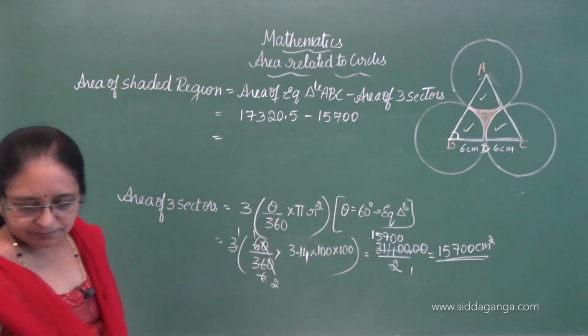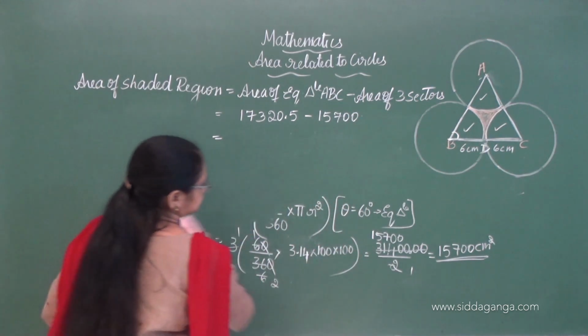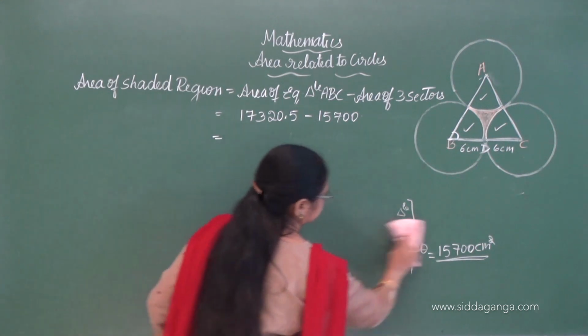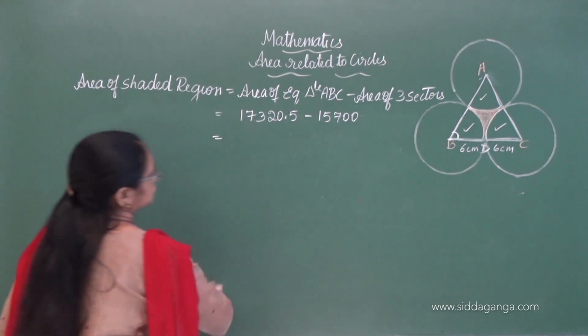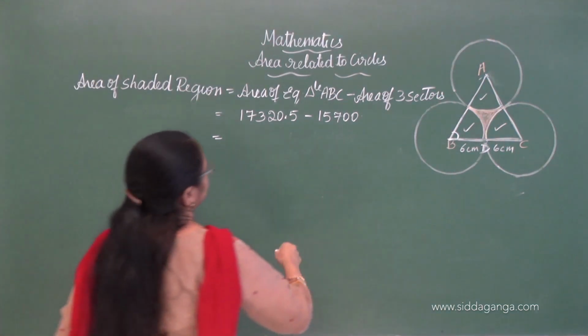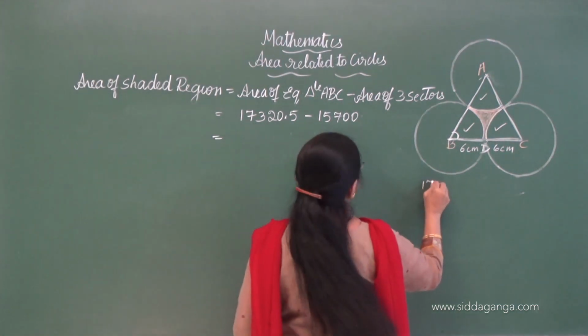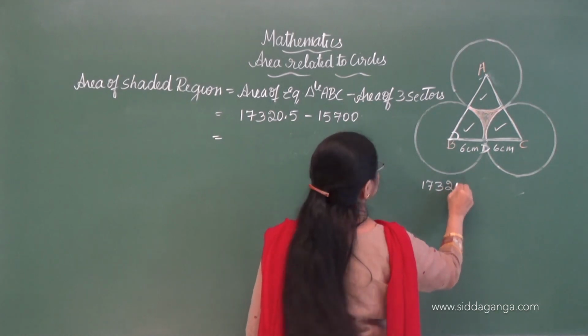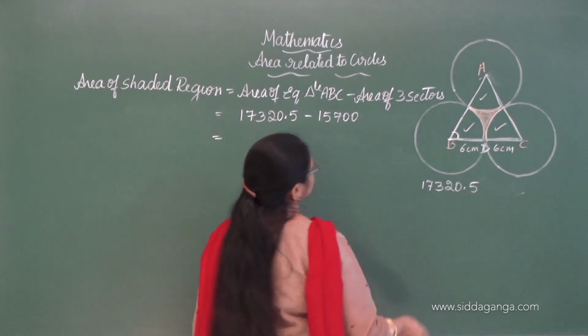So let us subtract. Let me do it here: 17320.5 subtract 15700.